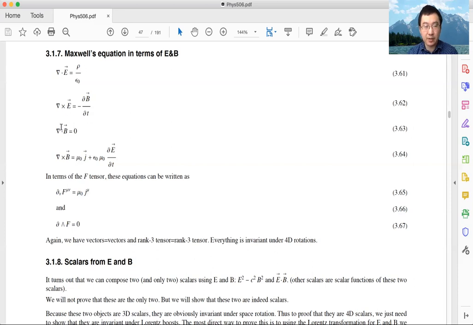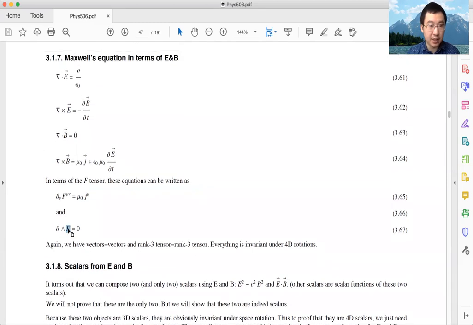The other two sets of Maxwell's equations combine together in this form. This is the rank 3 tensor equals rank 3 tensor equation. On the left-hand side, this rank 3 tensor is from a vector multiplied by a rank 2 tensor, but this multiplication is the exterior product. The exterior product of a vector and a rank 2 tensor gives us a rank 3 tensor. The exterior product increases the number of subindices and increases the rank of the tensors.